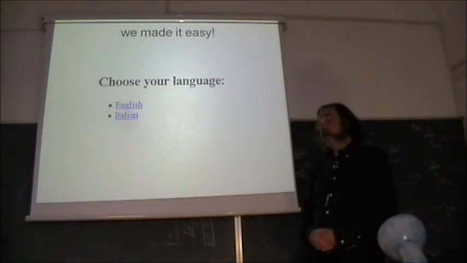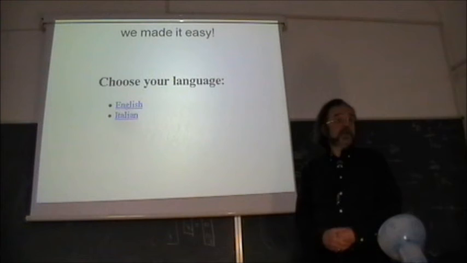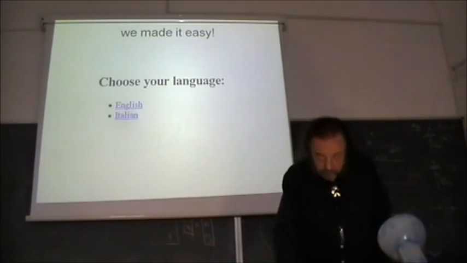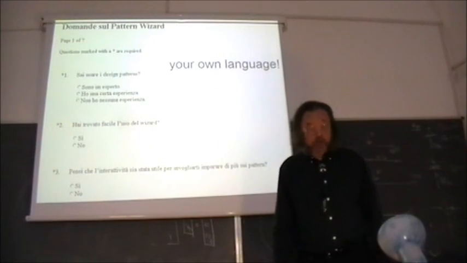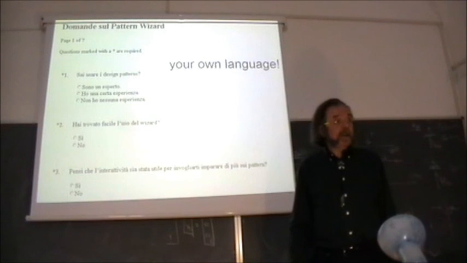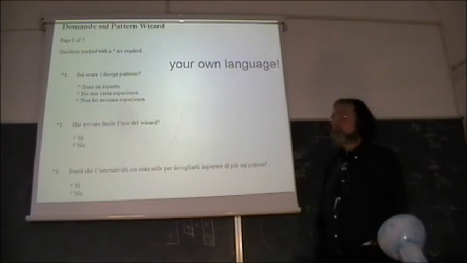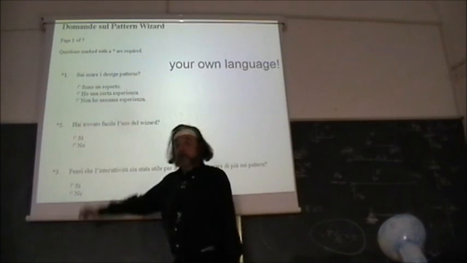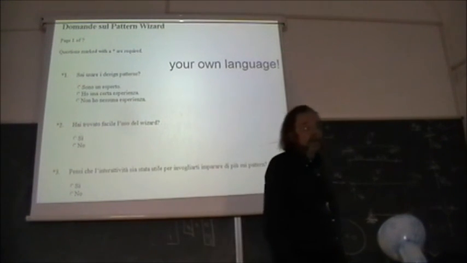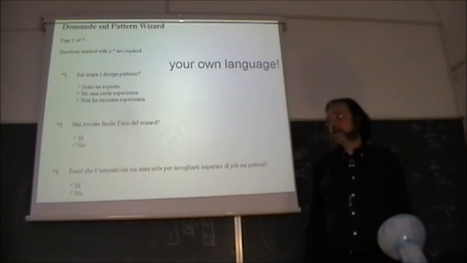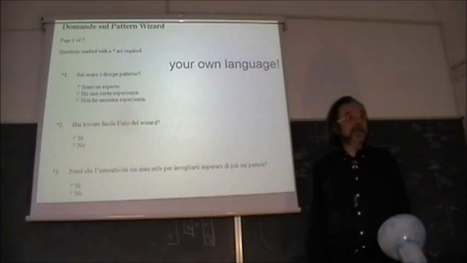But this means I really require you to answer the question, right? But it's in Italian. So if you click Italian, you get this one. And I cannot read it, but my students can read it because some of my students are Italian. So they will help me to understand what you answer, right? And as far as I know, you can answer yes or no, but you can never answer me. So you have to make choices here, okay? Easy? I think so.